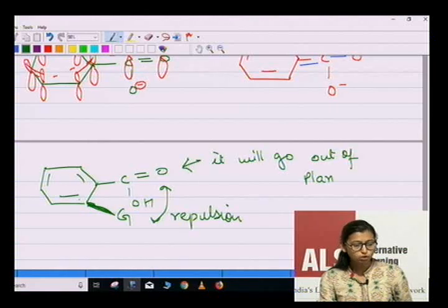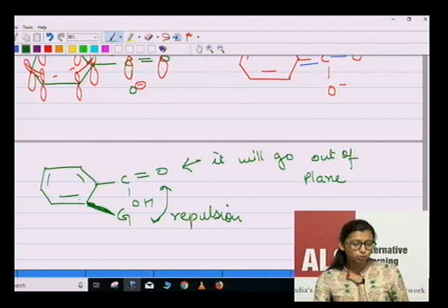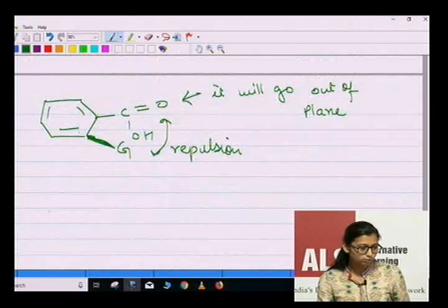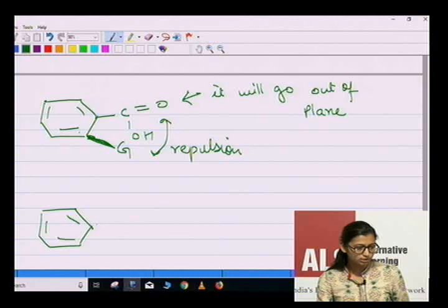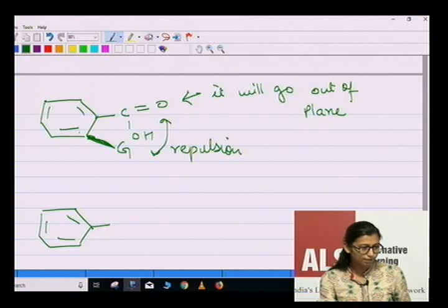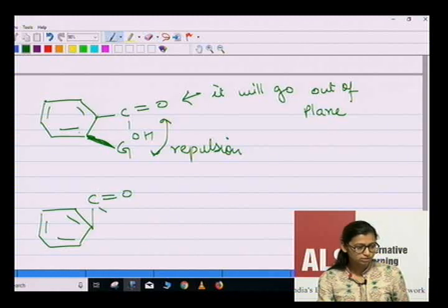So if it goes out of the plane, see what will happen. Don't you think it will look like this? I was having the double bonded system. Because obviously it's a two-dimensional drawing, I'm making it like this. Are you able to see that? So it's this kind of system I'm having now, right?